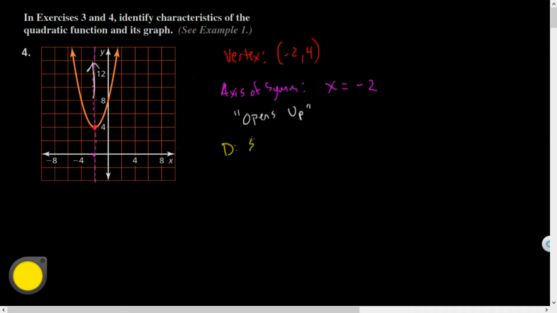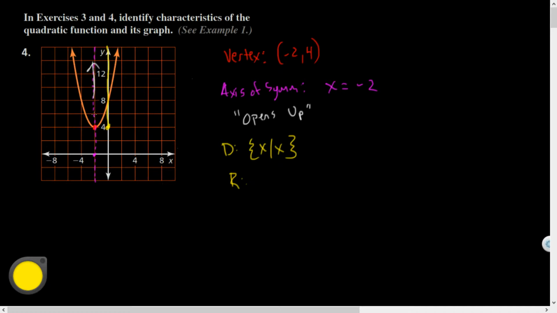Domain is just going to be everything, the set of all x, such that x is everybody. Technically, I would say x is an element of the real numbers, but you guys don't know that notation. So I'm just going to say x is x. And the range, in terms of the possible output values, the y values, it looks like it's everything that is bigger than 4.